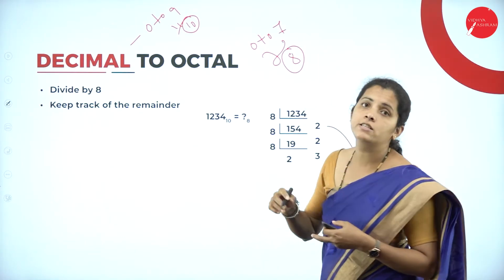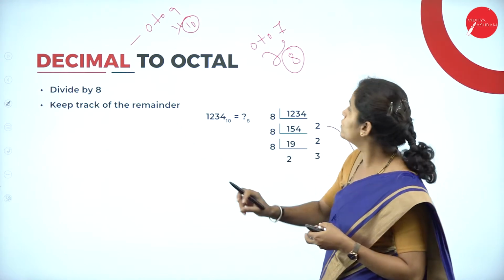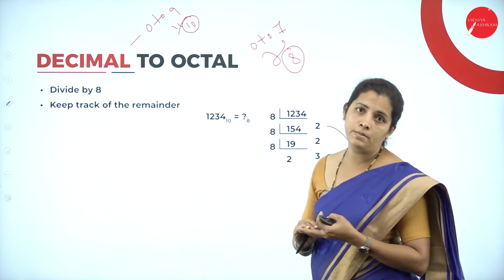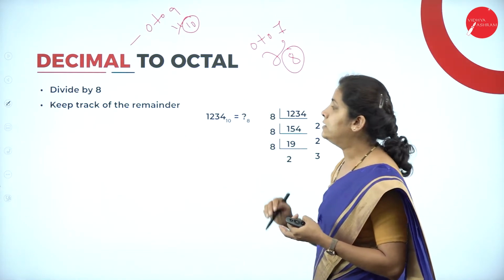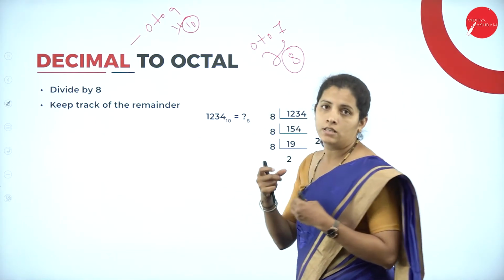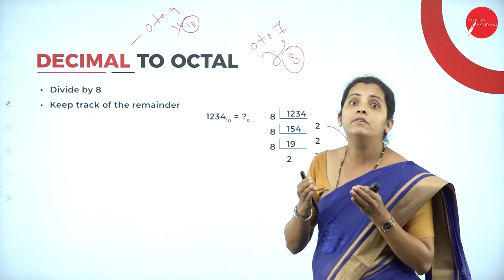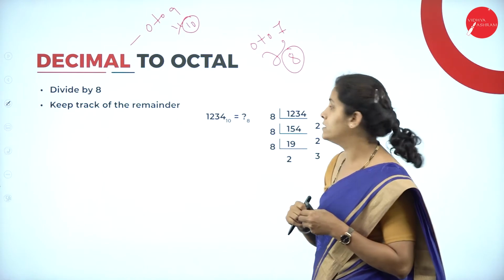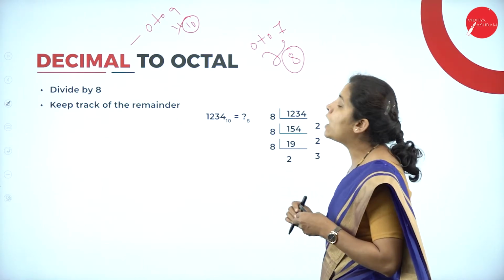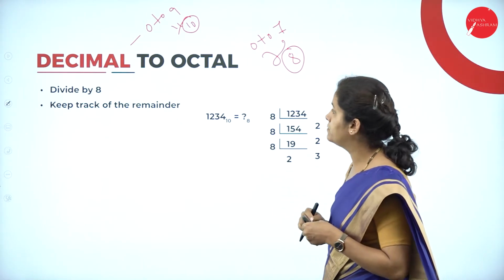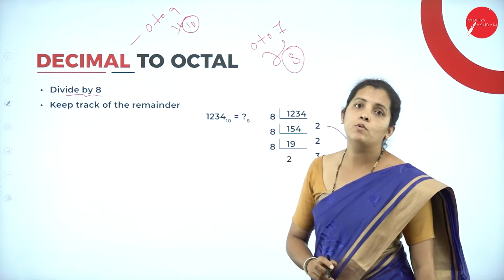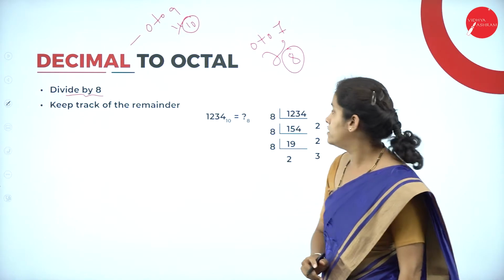So to convert decimal to octal, we take the decimal number and divide it by 8, keeping the remainder. So this is the actual representation.